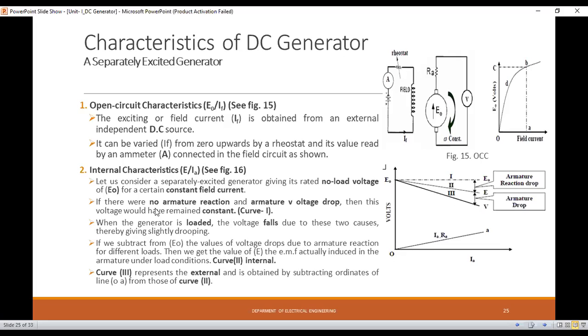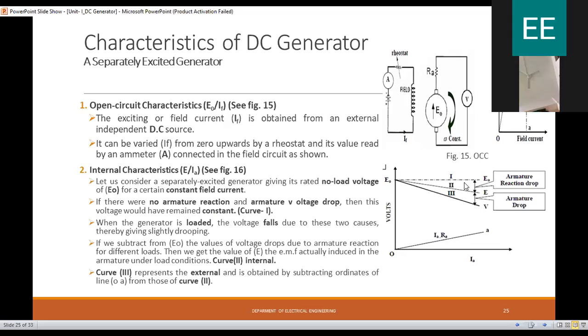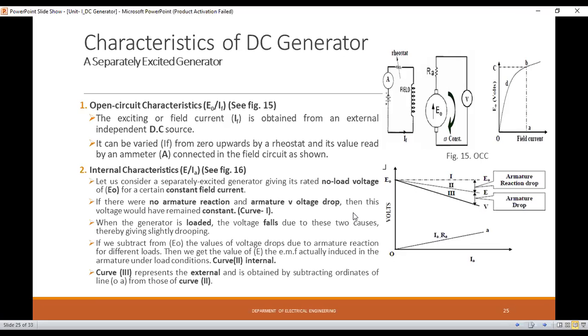Now, if there is no armature reaction effect, if we do not consider the armature reaction effect and the armature voltage drop, then this voltage would remain constant. It will be shown by curve 1, the dotted line, the first curve.